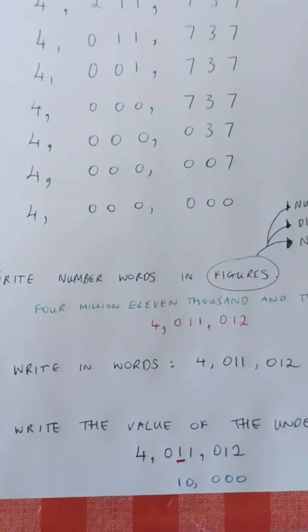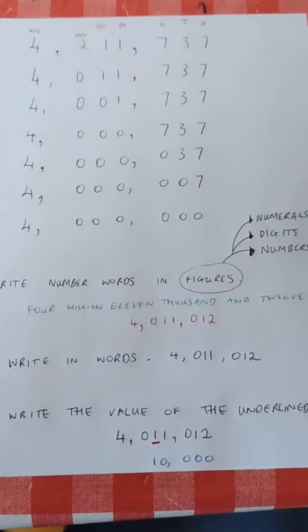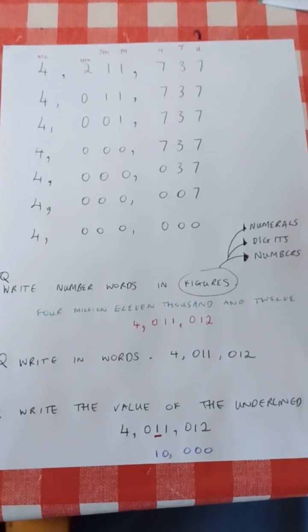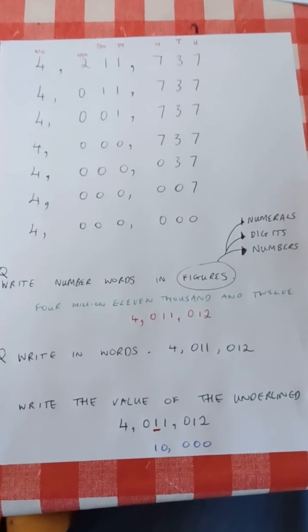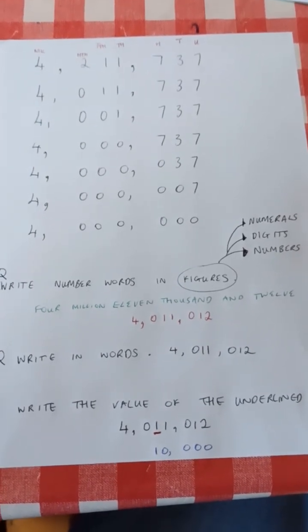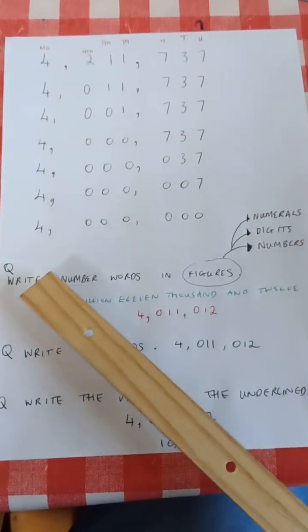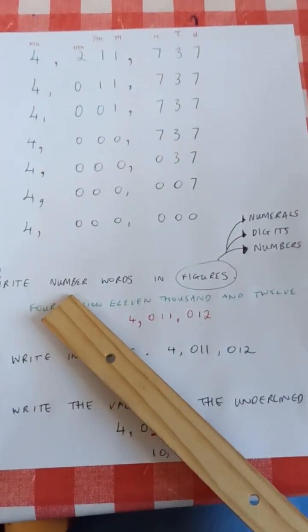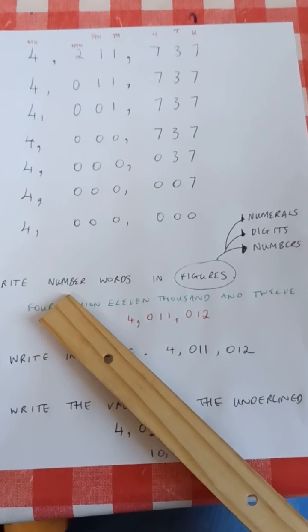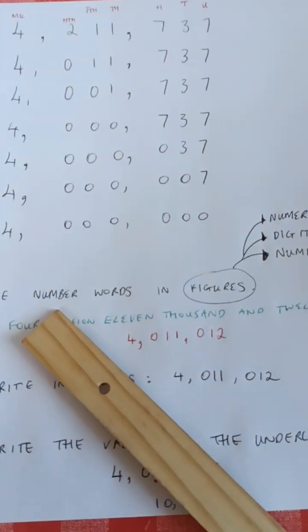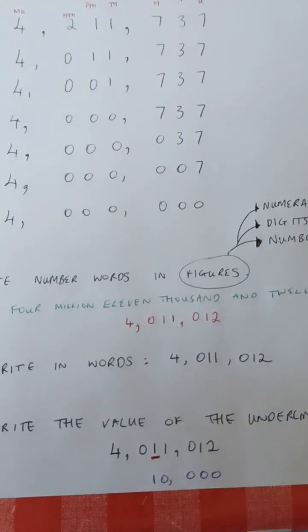Now, some of the types of questions that you can get, we're going to go through just three questions that can come up in relation to place value, okay? So the first one is write number words in figures.